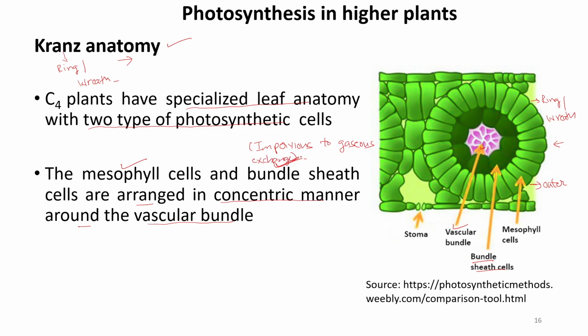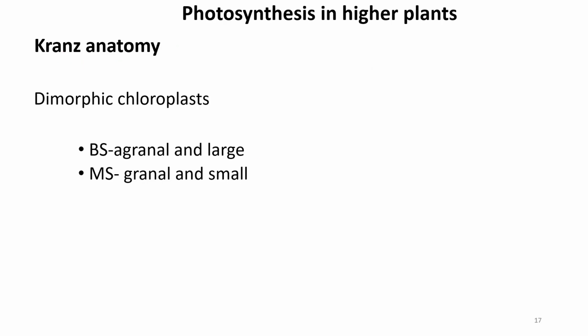And what else is present in Kranz anatomy? Dimorphic chloroplast is present, another unique feature. So the bundle sheath cells contain agranal and large chloroplasts, whereas mesophyll cells contain granal and small chloroplasts. Again, one thing you have to remember, the bundle sheath cells contain the enzyme Rubisco, which is involved in the C3 cycle.